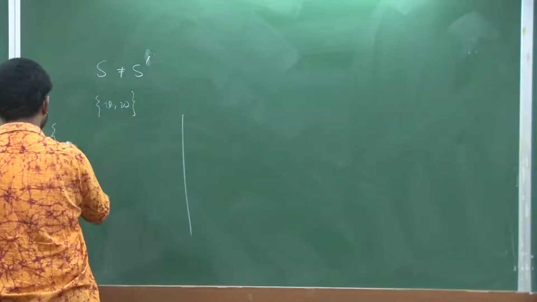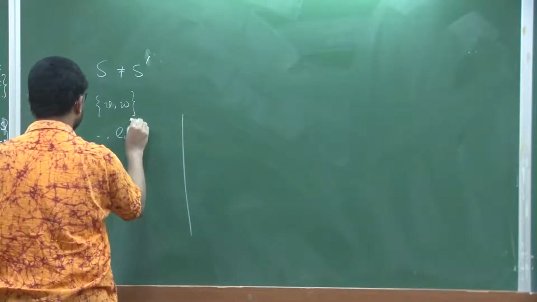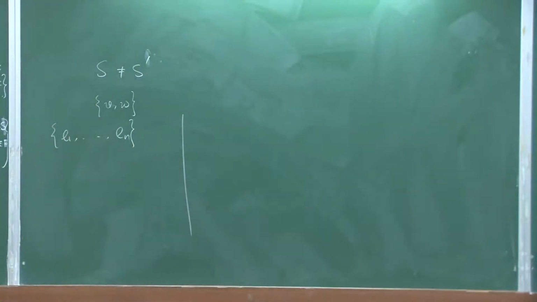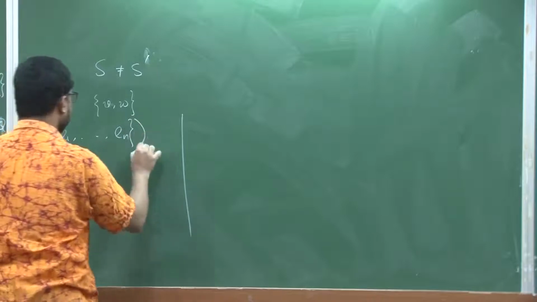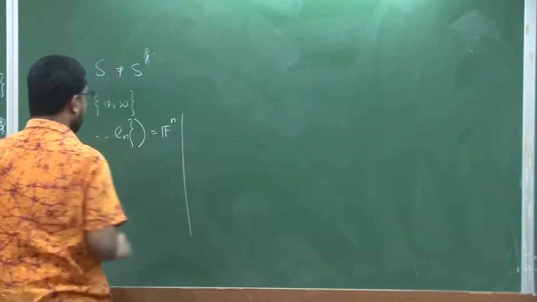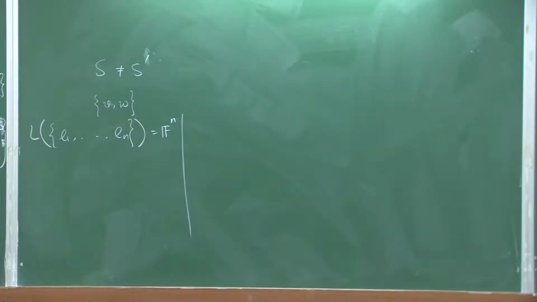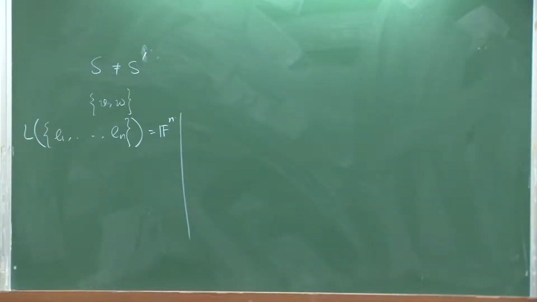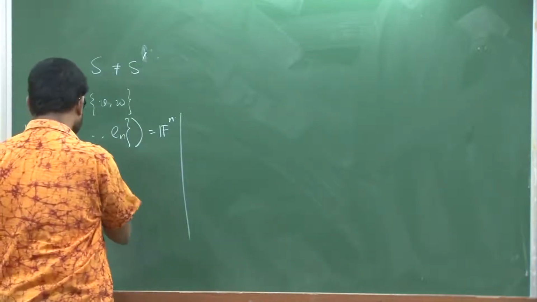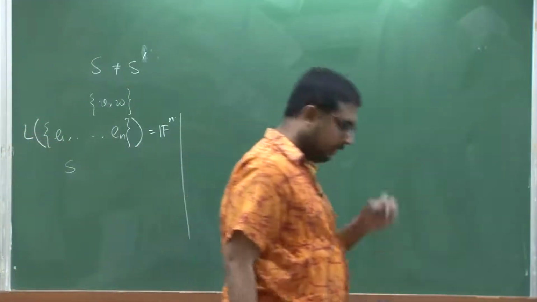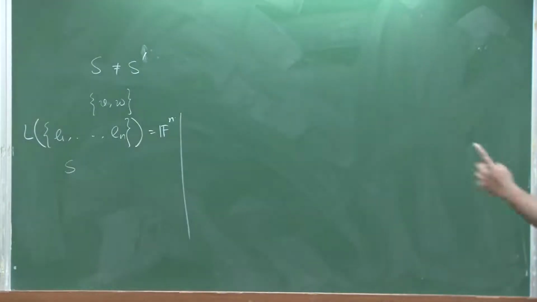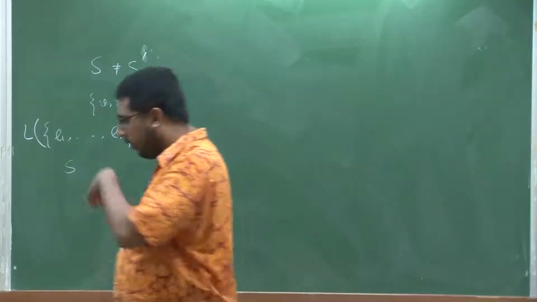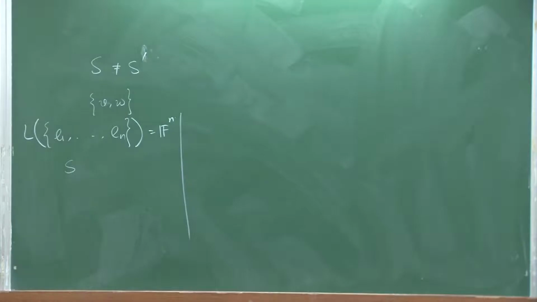For example, E1, E2, En spans the whole Fn, right. Let us say we want to get another subset S which also spans the same Fn. How to get that?